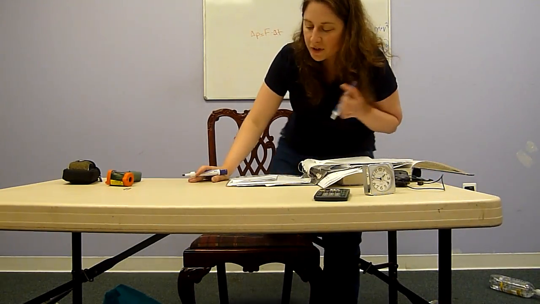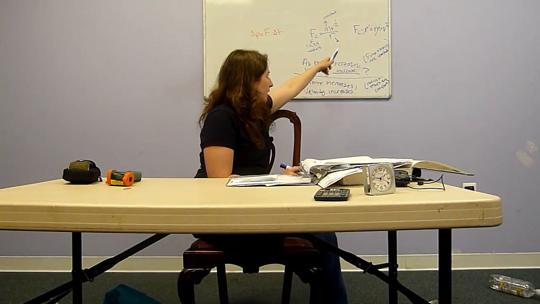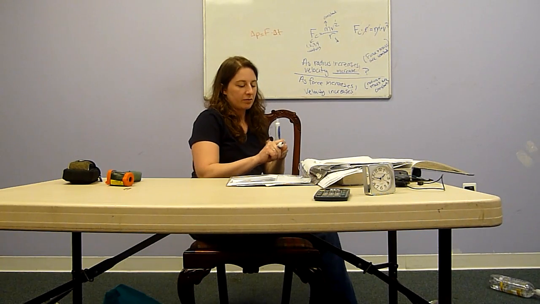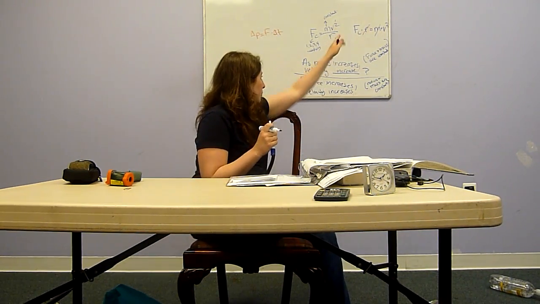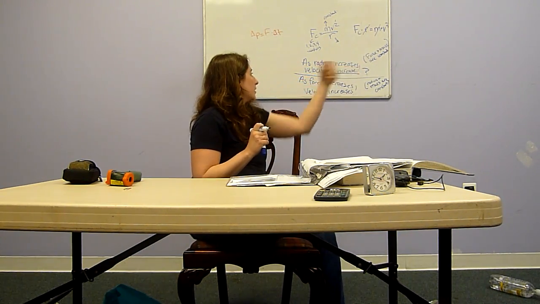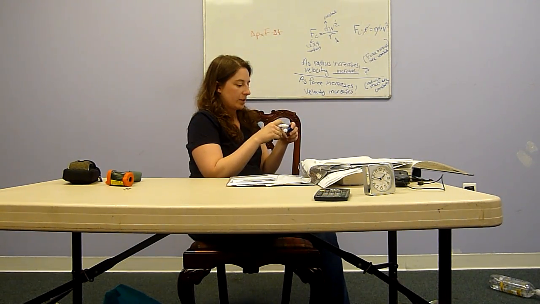Okay, so if force and mass are constant and the radius increases, velocity will increase, because you can see there's a direct relation except for that exponent. As force increases, assuming that radius and mass are constant, then velocity must also increase.